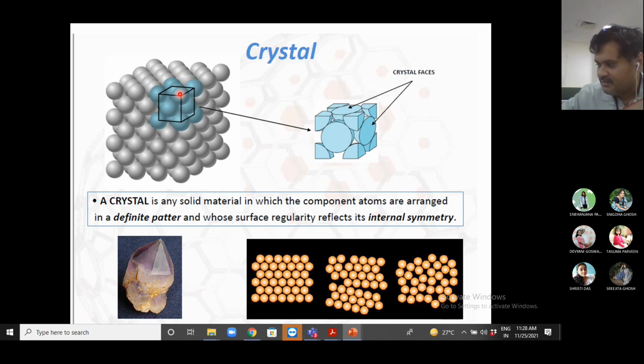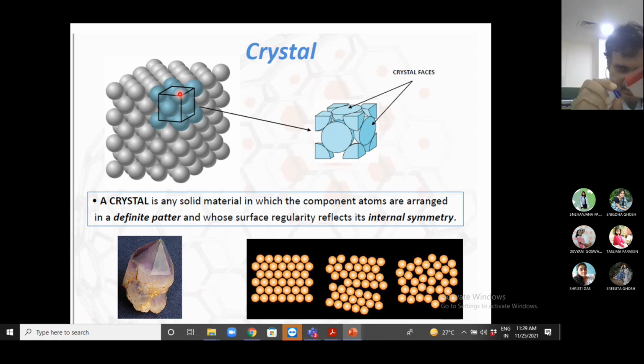The good thing about this unit cell concept is that you take this object and stamp it in 3 dimensions, move it a little bit, stamp it again, and move it again.